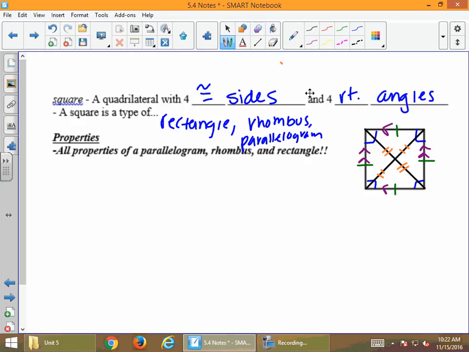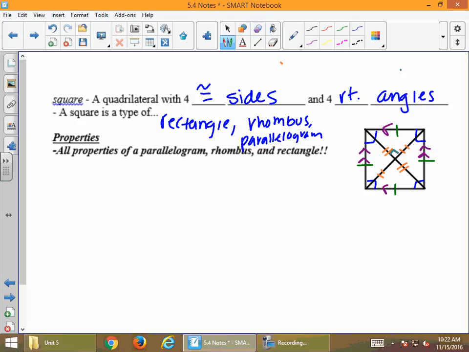Okay. What else do we know about the diagonals of a square? What did we just learn about a rhombus? What kind of angles are formed? 90. So these are all 90-degree angles. So in the middle, just like a rhombus, those angles on the inside are 90 degrees. What are the diagonals doing to these angles? Same thing as a rhombus.